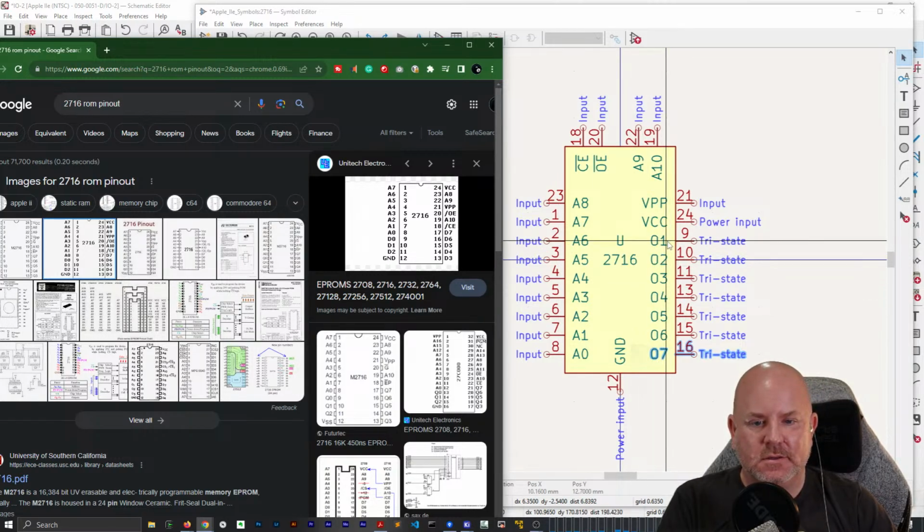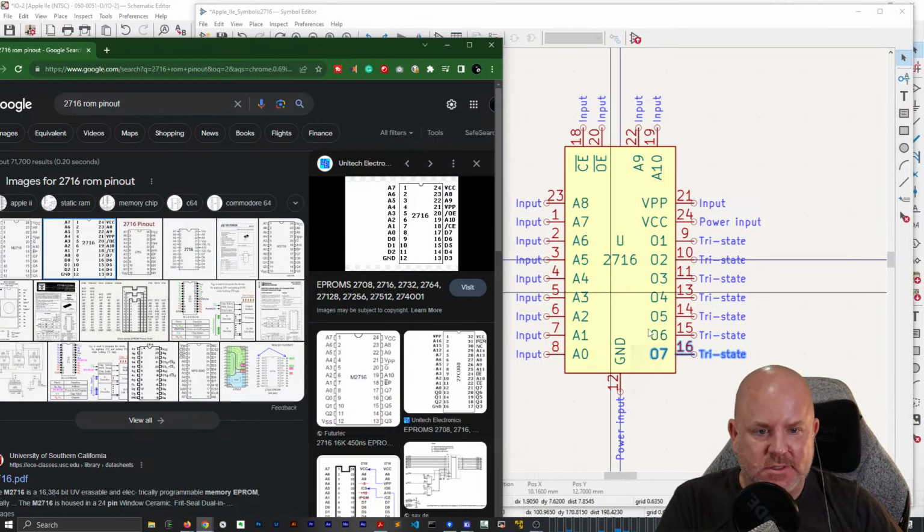They did it 1, 2, 3, 4, 5, 6, 7 instead of, so this is actually 6.